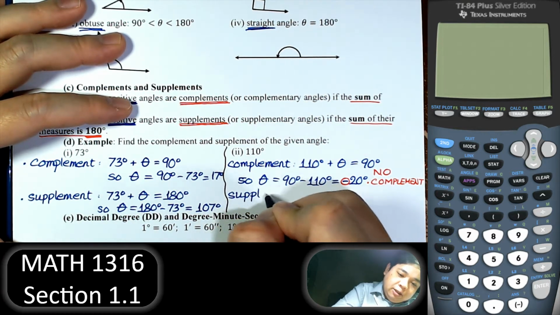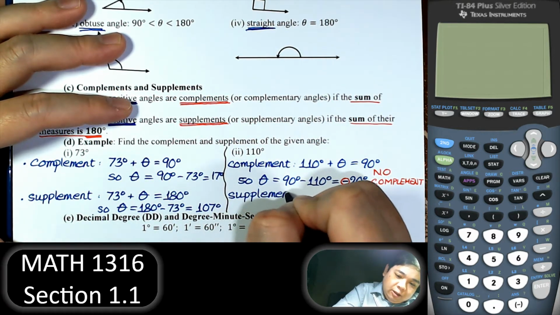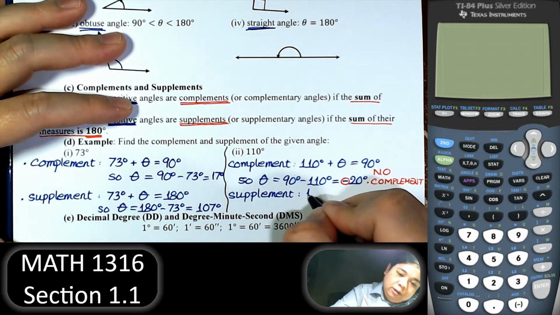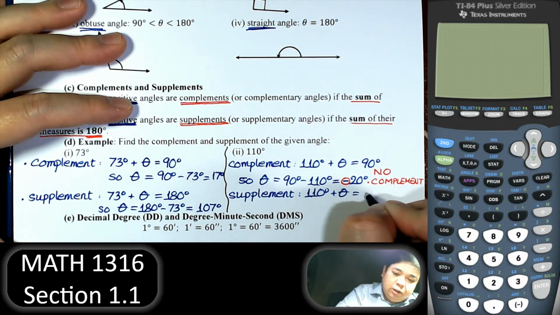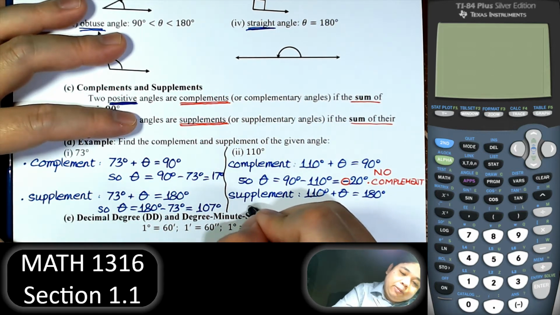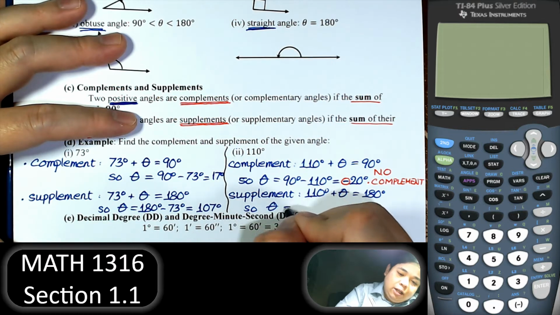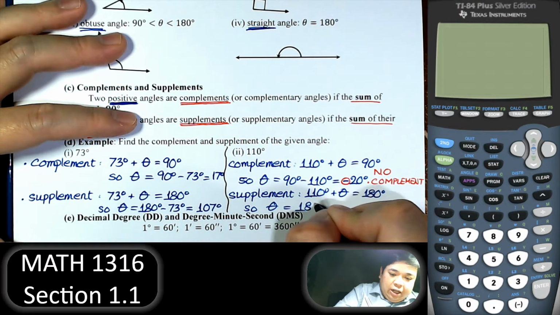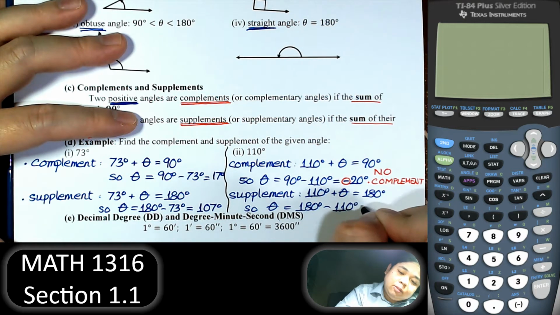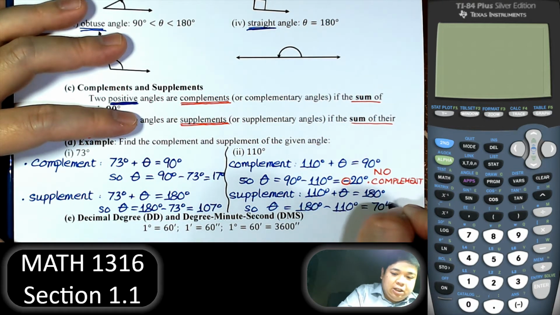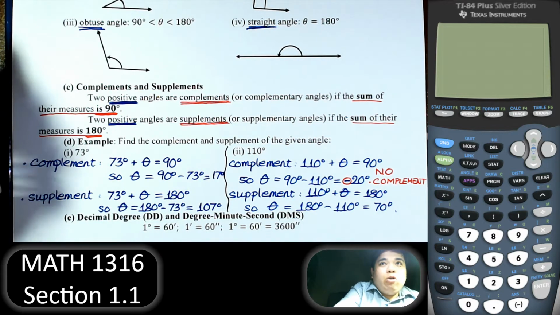Supplement: theta equals 180 minus 110. That's 70 degrees. Right, so very straightforward there.